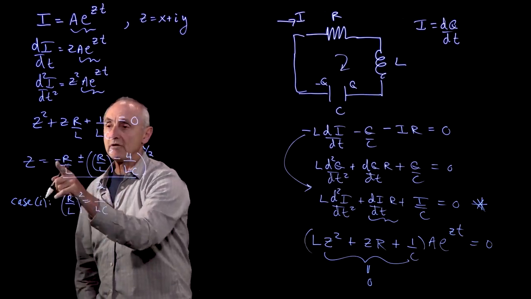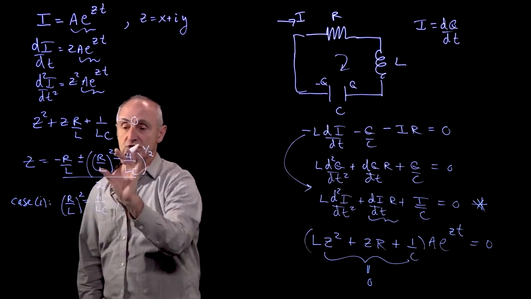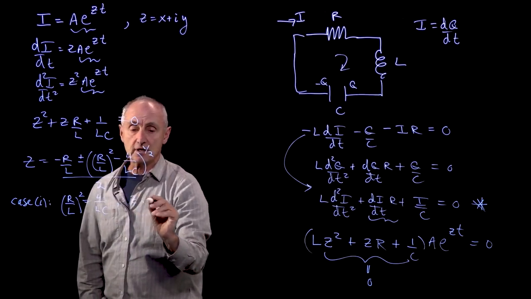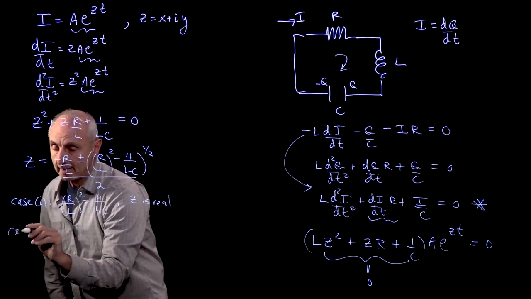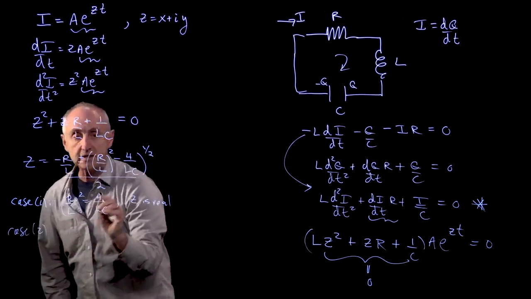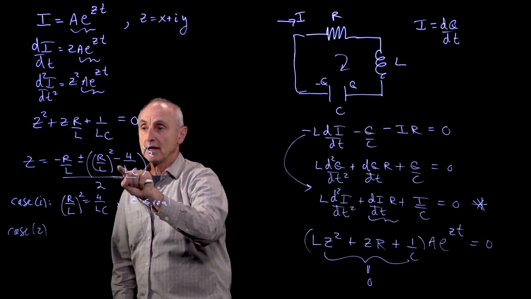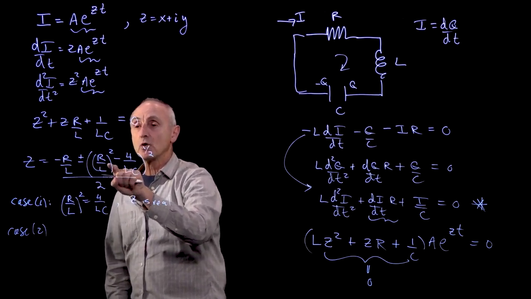Then we only have one real solution to this equation, because this term is 0, and Z in that case is real. The second case is when this quantity inside is less than 0. And that's how we're going to see an imaginary quantity coming out.